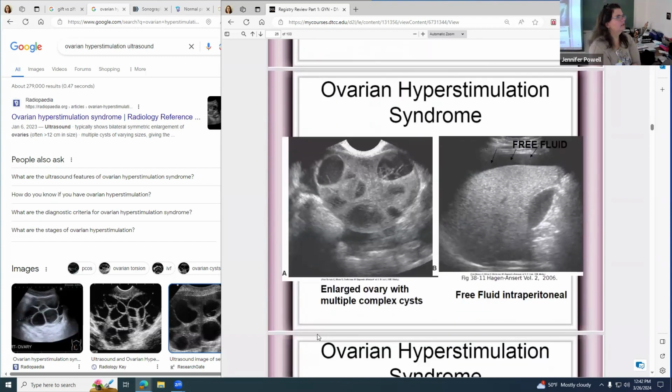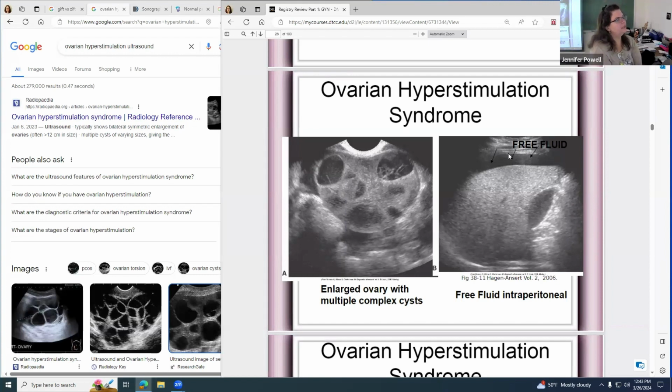All right, so this is an enlarged ovary with multiple complex cysts. What does this have the look of? Remember what that kind of looks like? That webbing kind of looks like a hemorrhagic cyst a little bit.